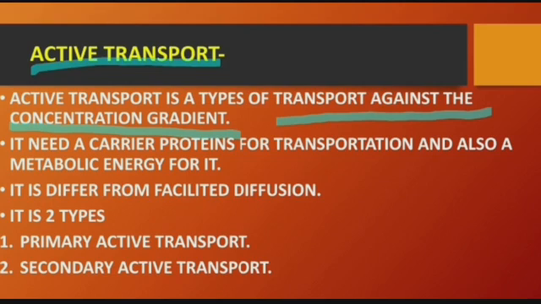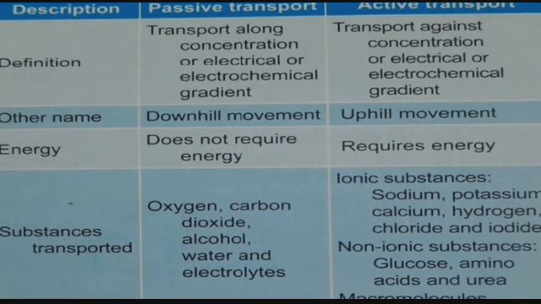The next point is that it is very different from facilitated diffusion, and it is of two types. One is primary active transport and another one is secondary active transport. We will see this in our next video, so keep watching for that.